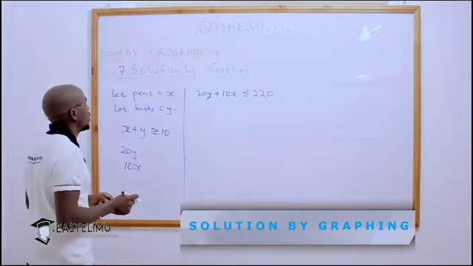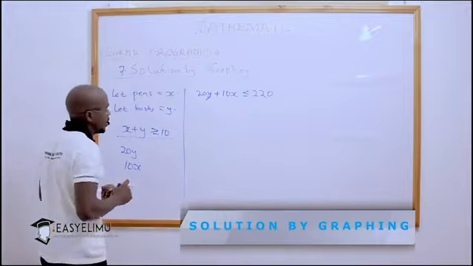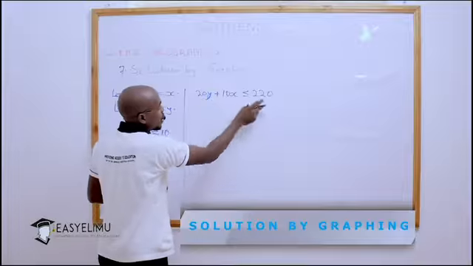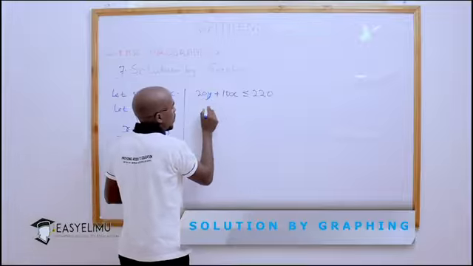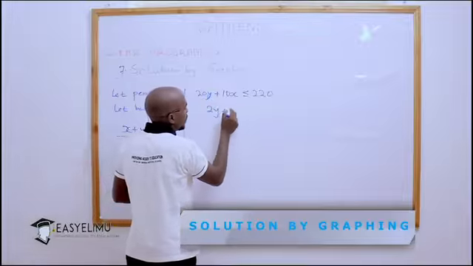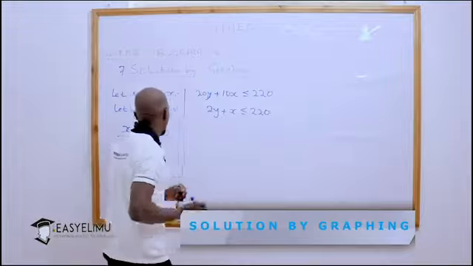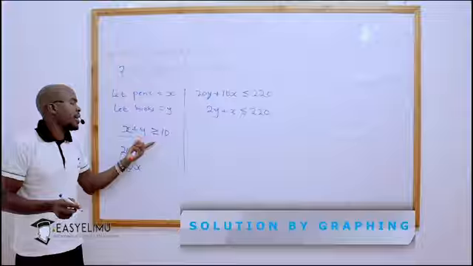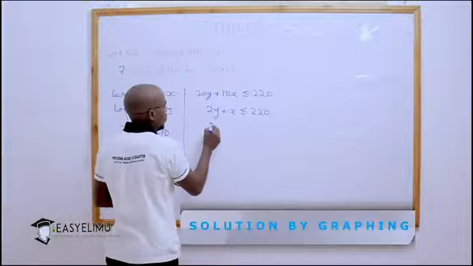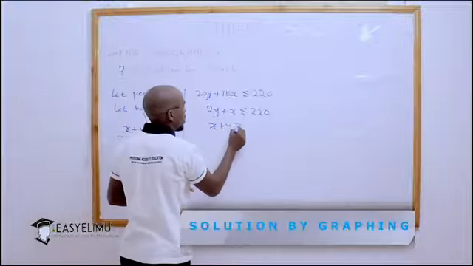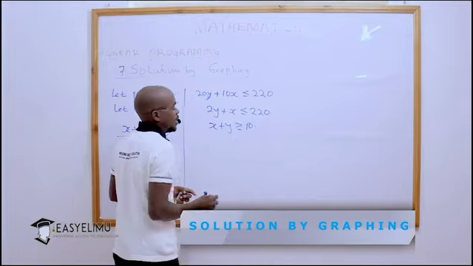So that is the inequality. Simplifying it further, we find 2Y plus X is less than or equal to 220. The next inequality was X plus Y is greater than or equal to 10.